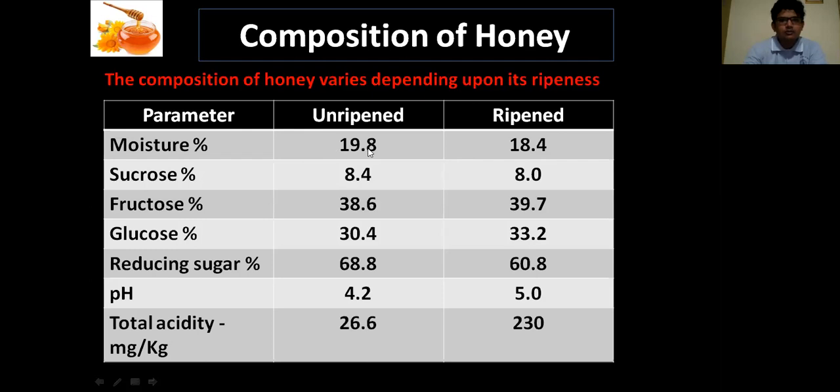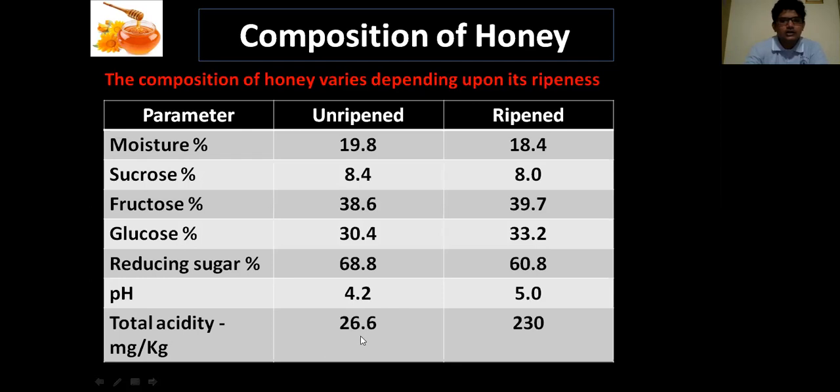So moisture is more in the fresh honey, again sucrose is more, fructose is less, glucose is less. So when time passes the fructose percentage increases, then glucose percentage also increases. The pH of honey changes from 4.2 to 5.